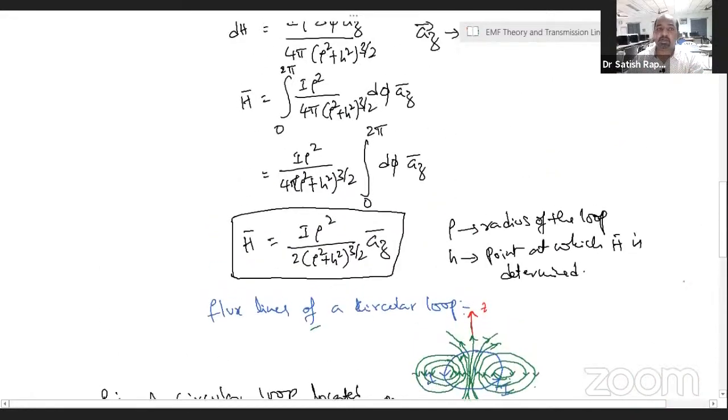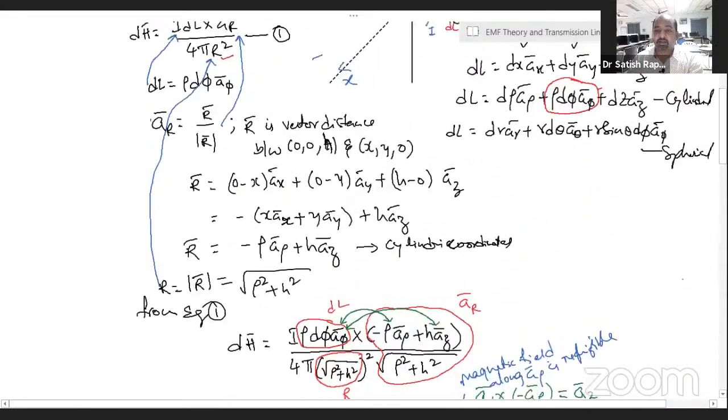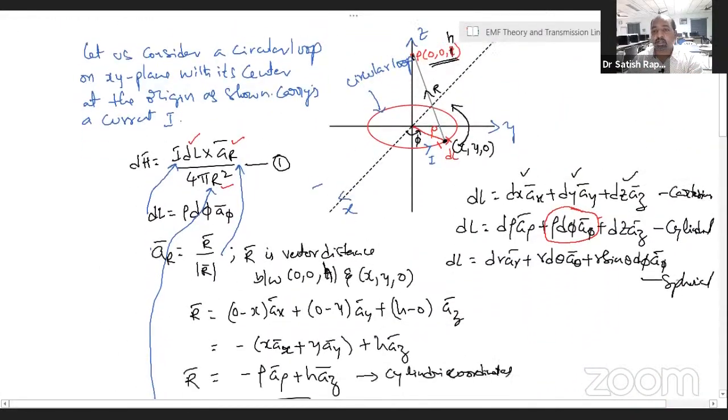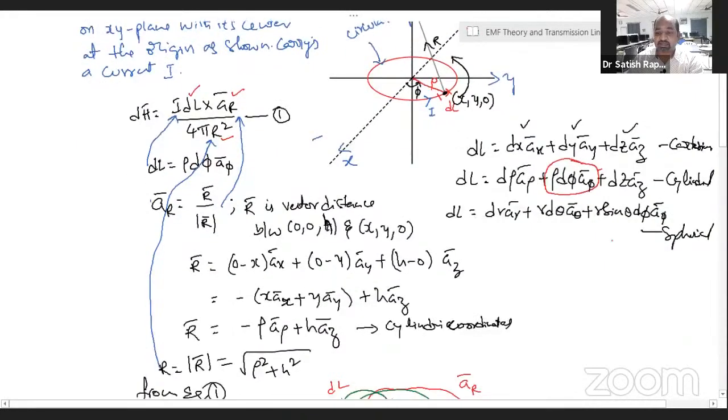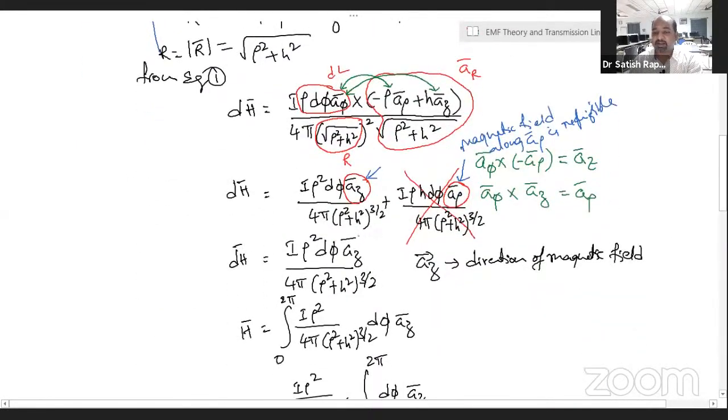So this is about magnetic field due to a circular loop, right? The direction of magnetic field is z, for this case. When the circular loop is considered on the xy plane, the direction of magnetic field is z. So that is the reason why in this derivation we have neglected the second term, this term.